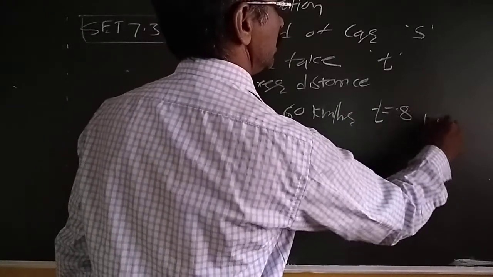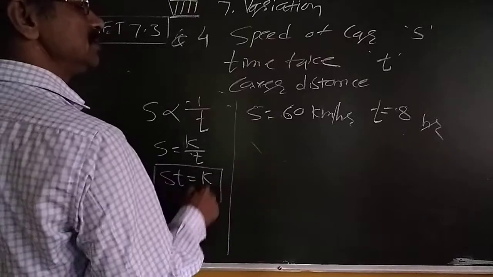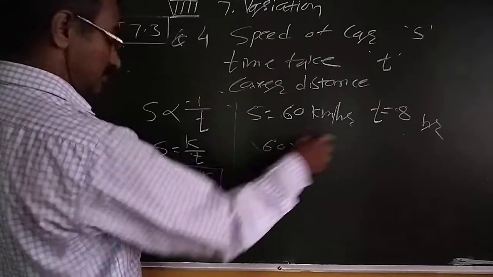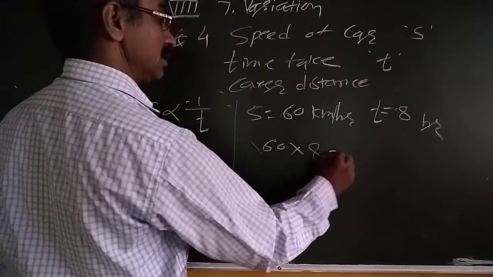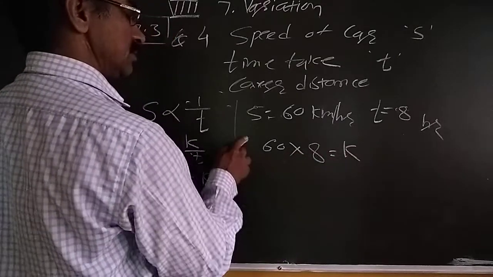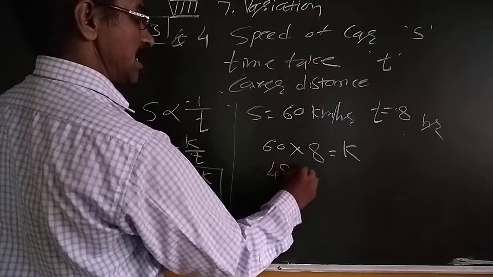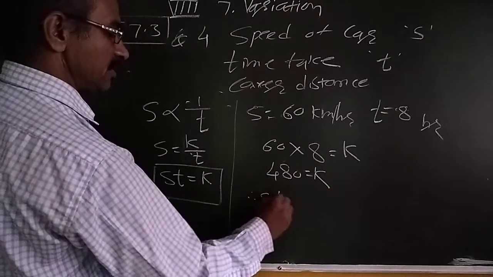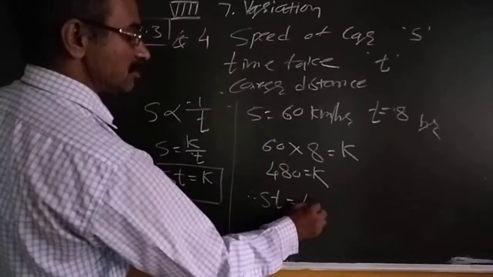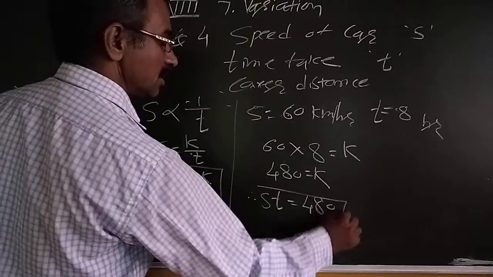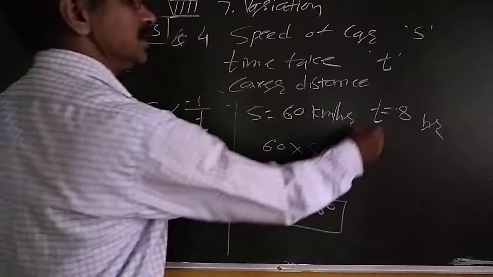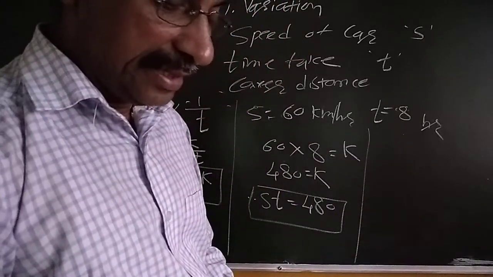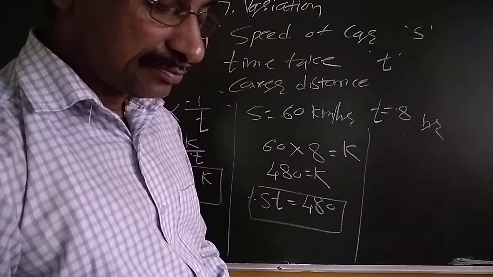By putting these values in this equation, S is 60 into T is 8, which is equal to K. So K is equal to 480. Therefore, the new equation ST is equal to 480.